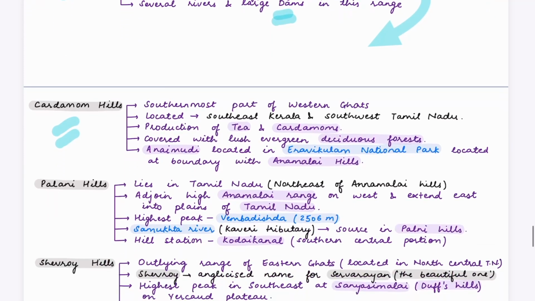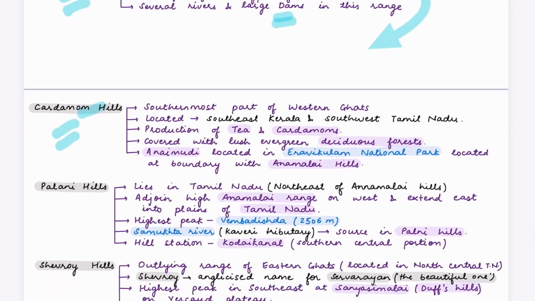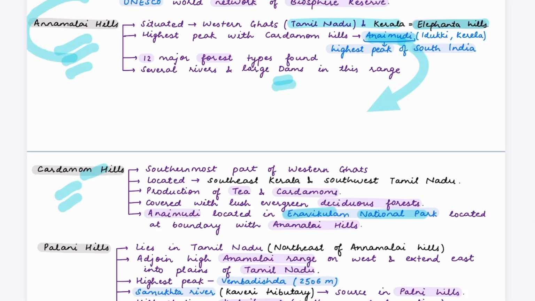The highest peak of the Cardamom Hills as well as Annamalai is Anaimudi, and it is located in the Eravi National Park, at the boundary of the Annamalai Hills and the Cardamom Hills.